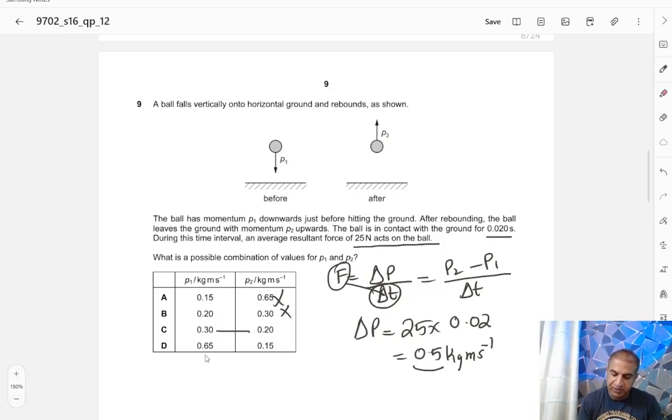And let's just look at the D option. 0.65 minus 0.15 definitely gives me a value of 0.5. So that makes it very simple. So that means this matches. D is the correct answer. Wait a minute.